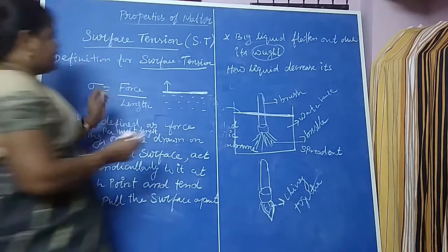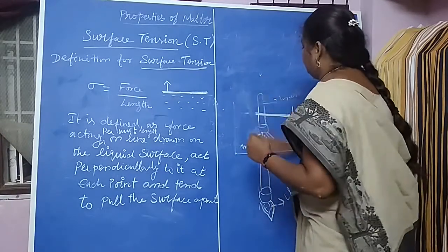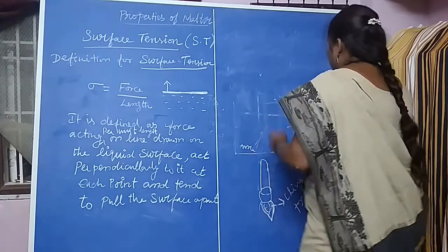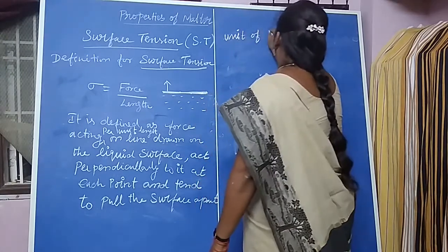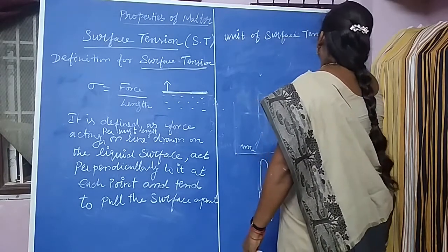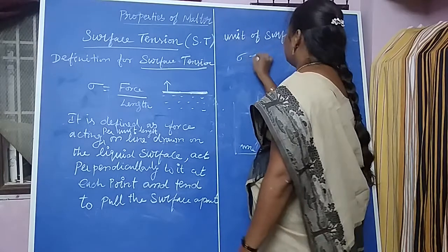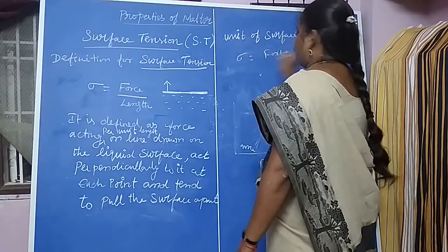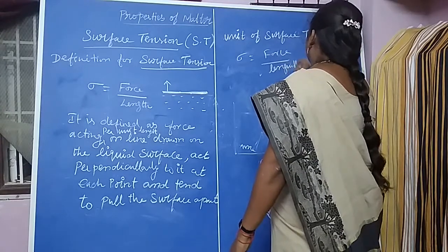Next we are going to see the unit of surface tension. Surface tension takes the formula sigma equal to force acting per unit length.